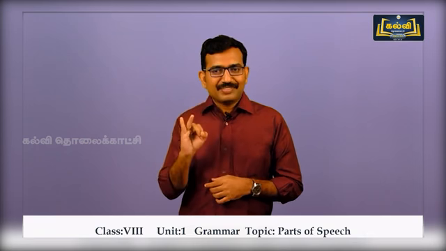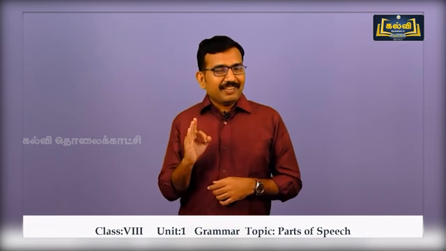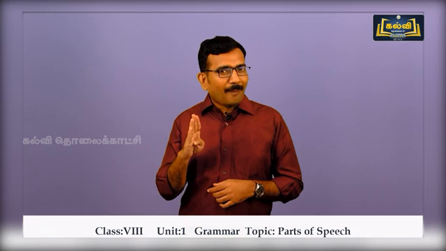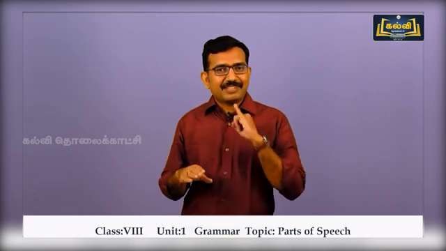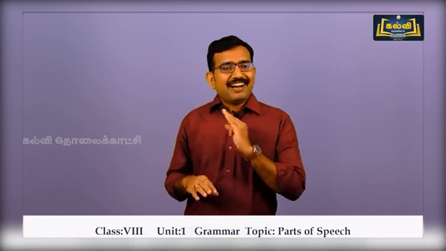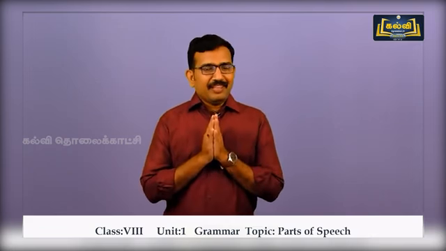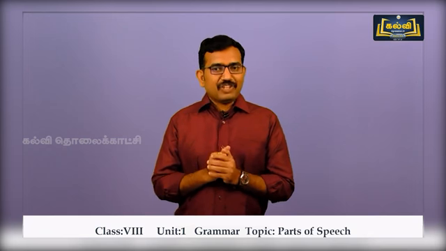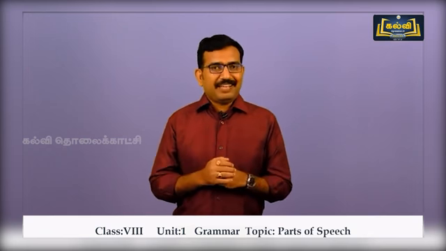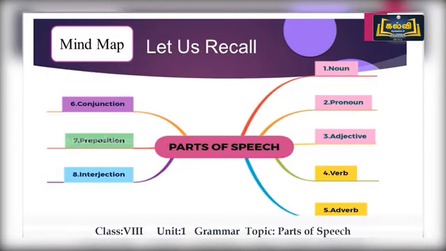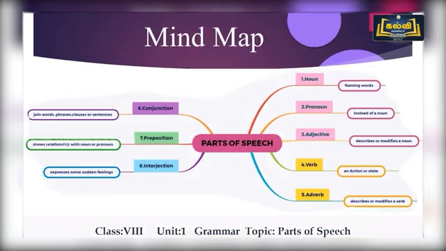Number 2, yes. Number 3, number 4, number 5, number 6, number 7, and number 8. You're right. And can you do one thing? With all the 8 parts of speech, you're going to create a mind map like this. You're going to put in bubbles, write down all the 8 parts of speech, and give some examples and explanation for each part of speech.